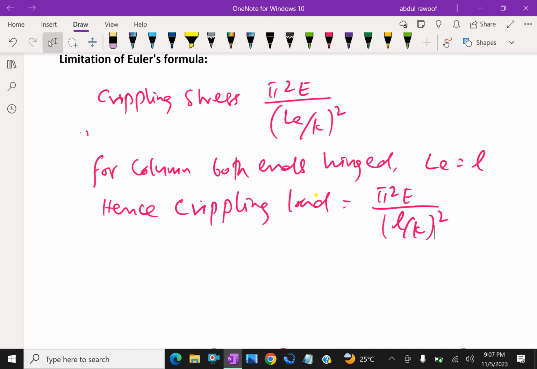Now, if the slenderness ratio, that is L by K, is small, the stress at failure, that is the crippling stress, will be high. But the column material's crippling stress cannot be greater than the crushing stress. The stress at failure of the column is called the crushing stress. Hence, when the slenderness ratio is less than a certain limit, Euler's formula gives a value of crippling stress greater than the crushing stress.